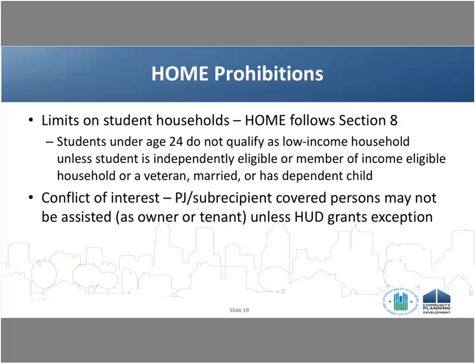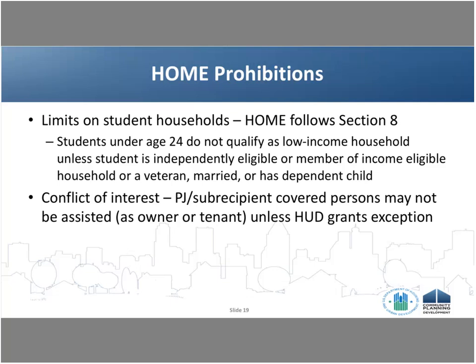A college student in that traditional 18 to 23-year-old age bracket is generally deemed not to be an independent household and therefore not eligible to be considered as a low-income household eligible for HOME assistance. The basic idea here is that if I'm a college student under the age of 24, I'm really a member of my parents' household and shouldn't be treated as independent just to apply for HOME assistance.